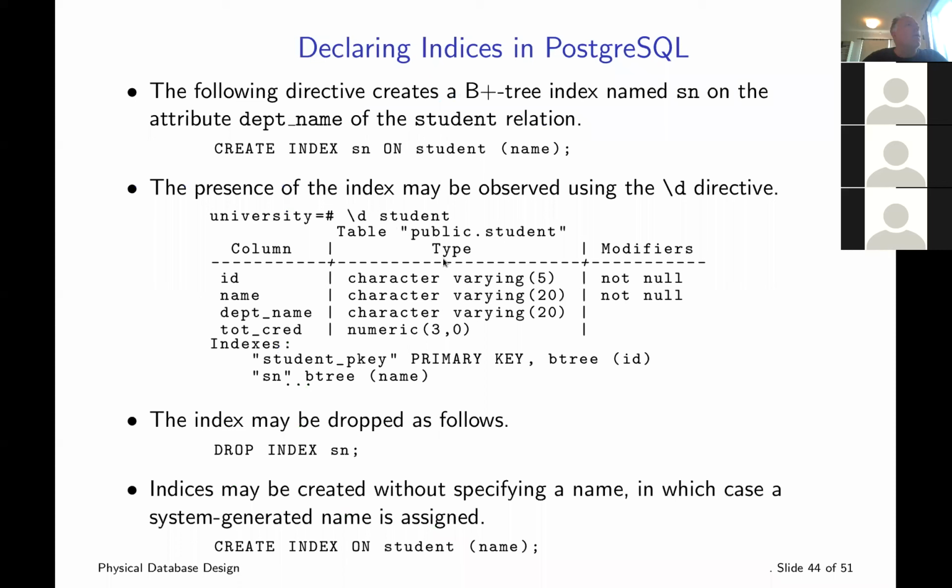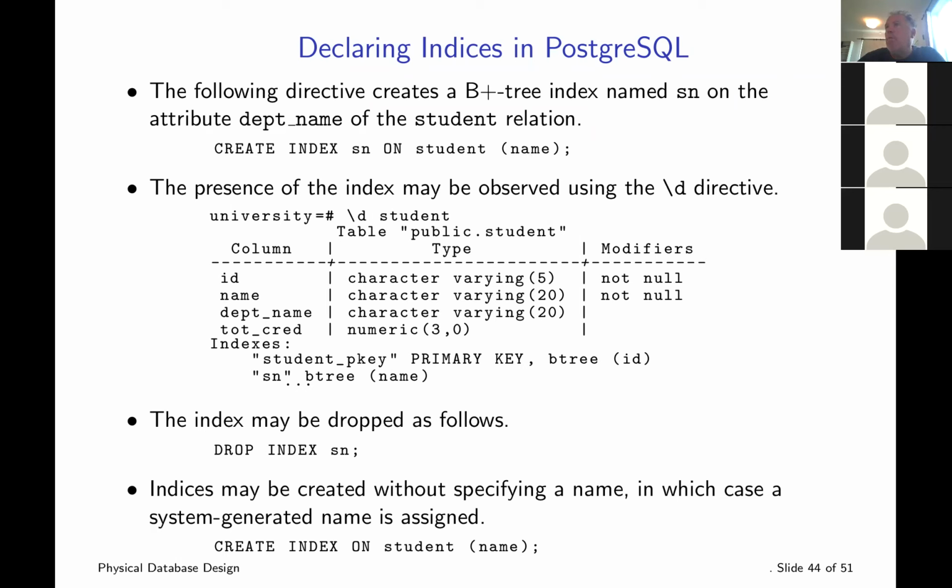So the way you declare indexes in PostgreSQL is you say create index, then you give it a name or not. I usually just say create index and skip the name because it's simpler that way. It'll give it an assigned name. And then you name the table and then the attribute. So this is the simplest way to declare indices.